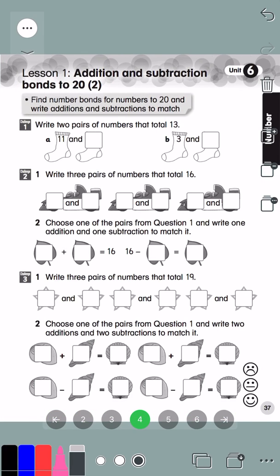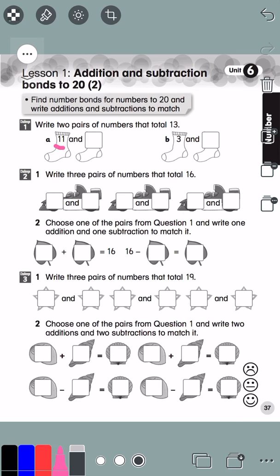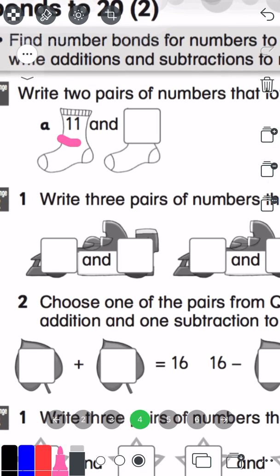For the workbook questions, in challenge 1, write two pairs of numbers that total 13. Now count on from the smaller number until you reach 13. So 11 in your head, in your fingers, say the next number, which is 12, 13. So how many fingers did you count? It's 2.